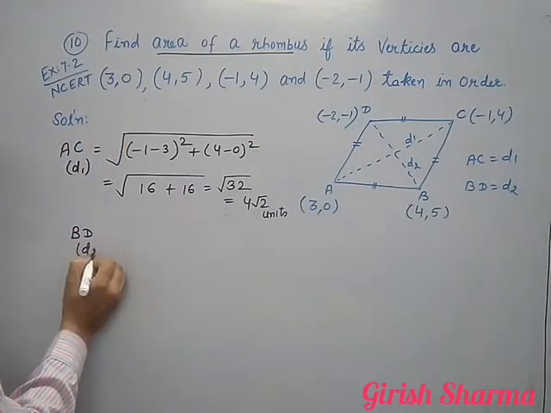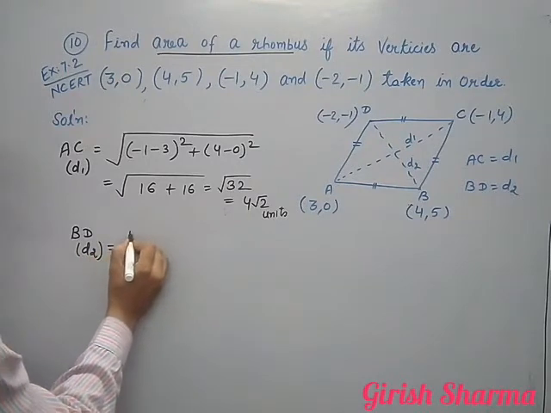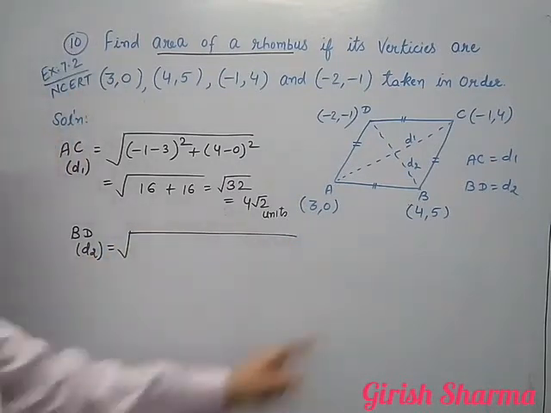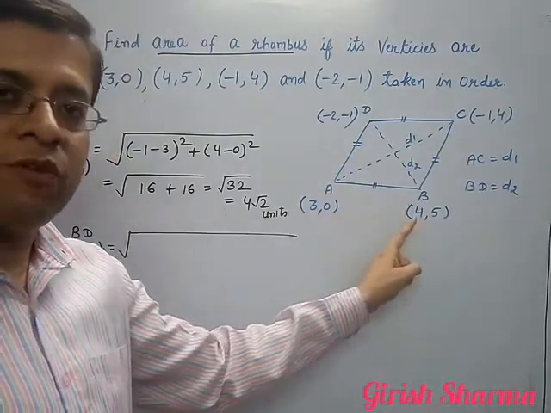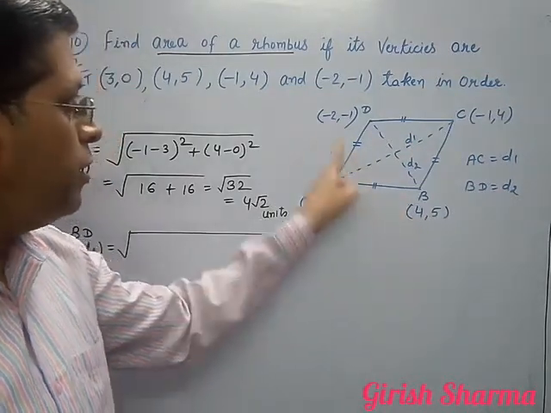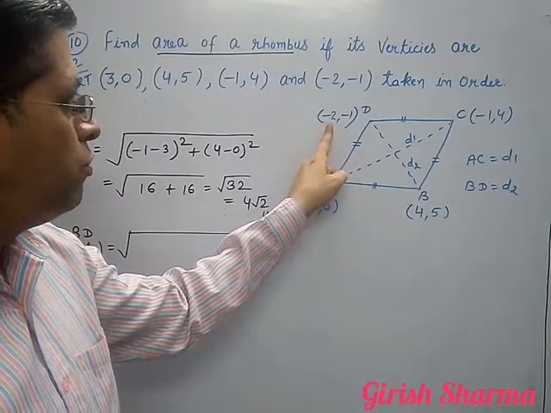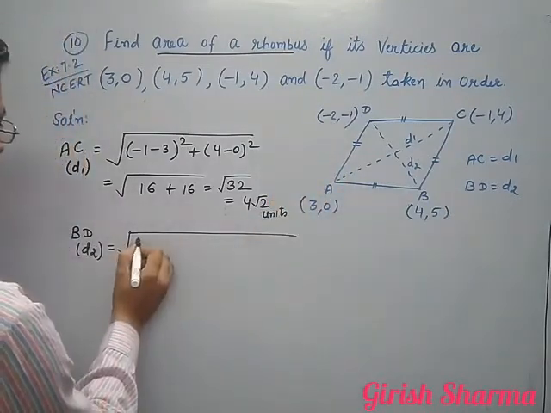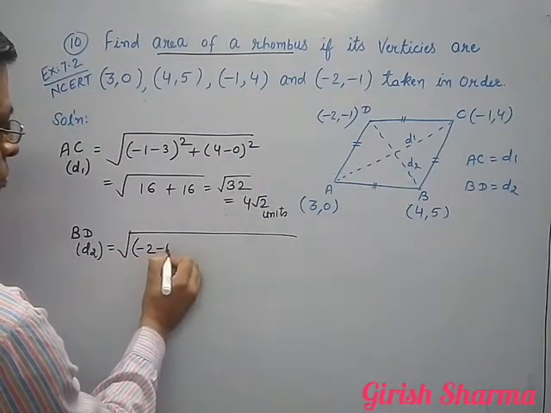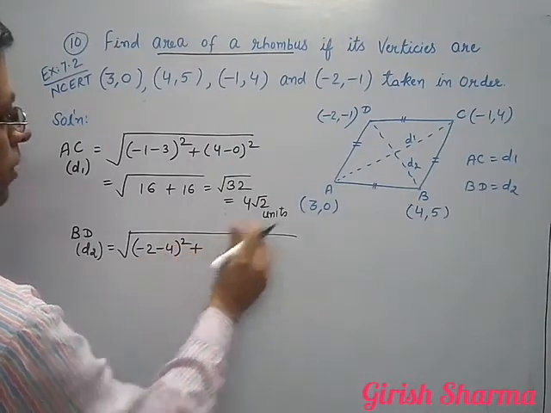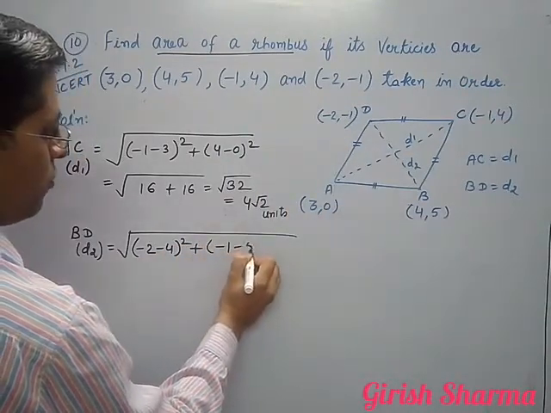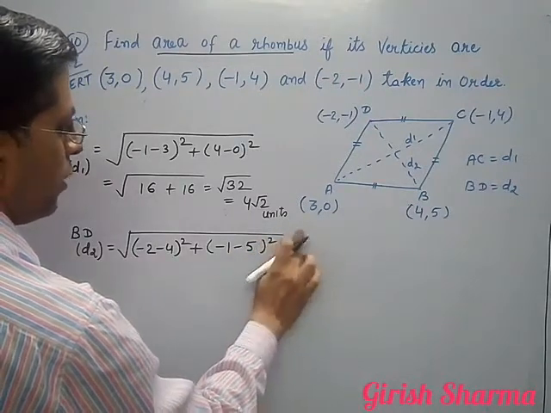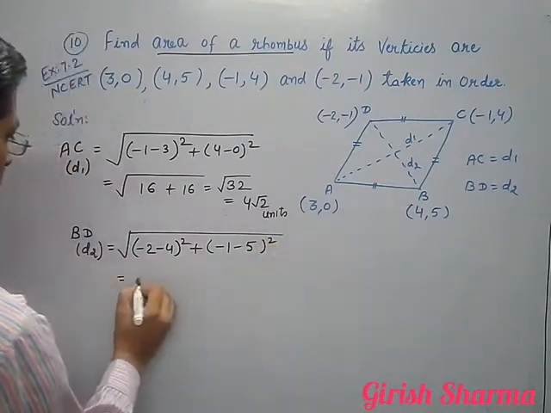BD, that is your diagonal number 2. The formula will be the same. Under root x2 minus x1 whole square plus y2 minus y1 whole square. x2, this, minus 2 minus 4 whole square. y2 minus y1, minus 1 minus 5 whole square. Then what will come?